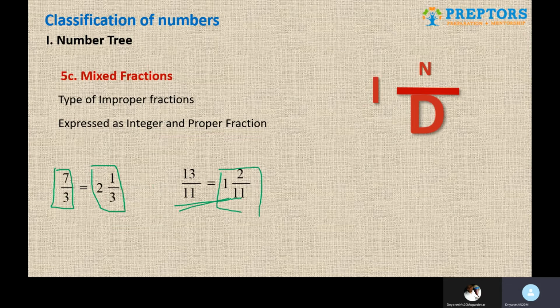What you realize is that this is not something new, but just another way of representing improper fractions, where the numerator is more than the denominator. So the mixed fraction is nothing new as far as the type is concerned. It is just another way of representing improper fractions, and you can remember that.